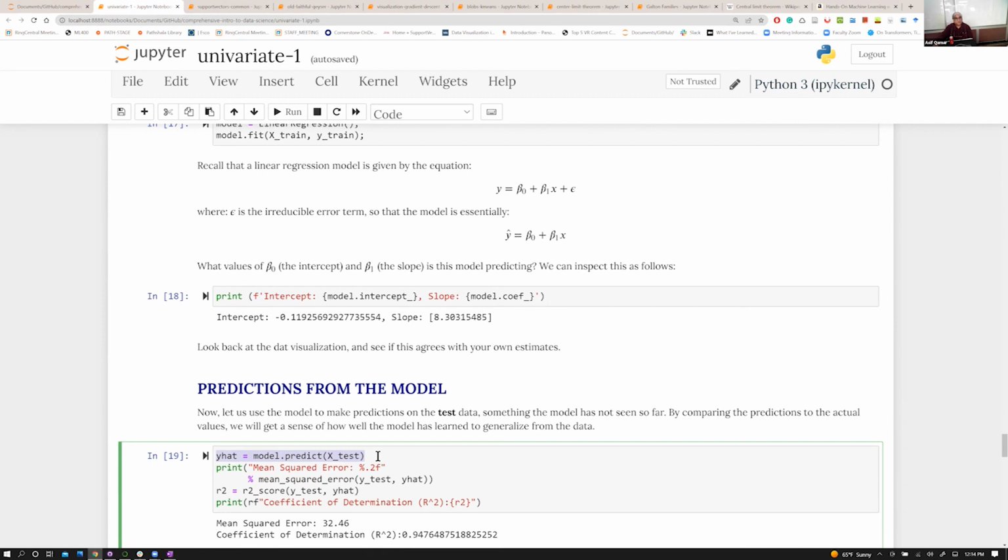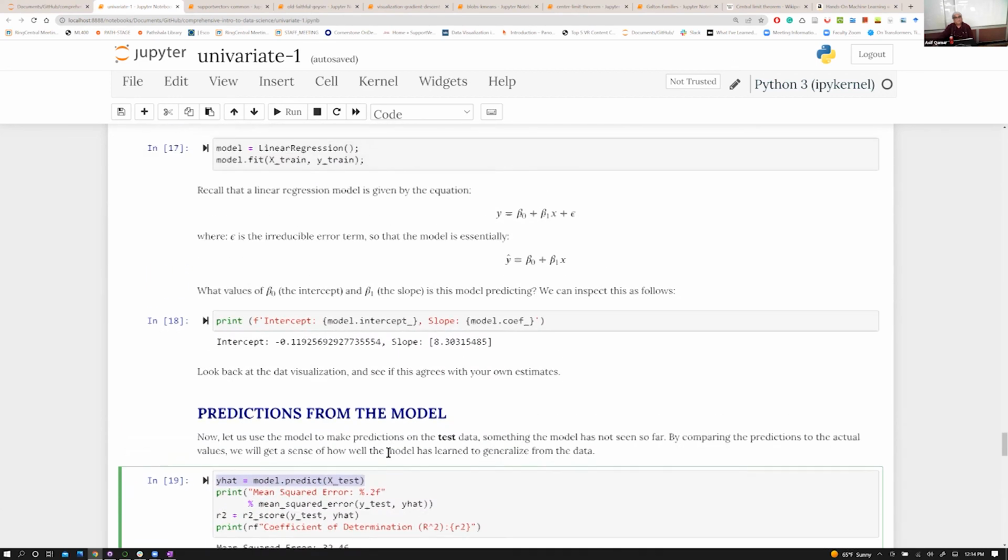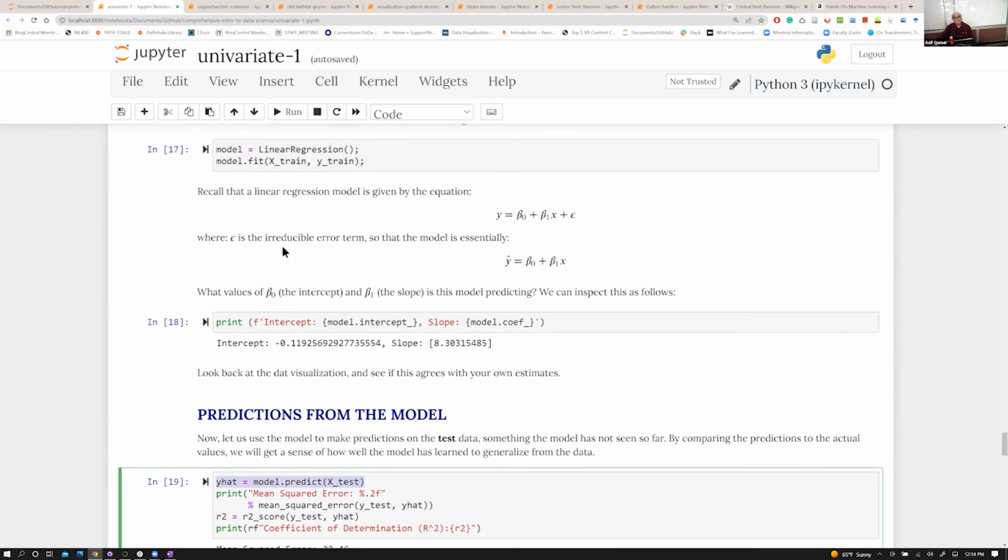So this part we will actually hand do next time, because I'll give you fill in the blank for another problem, and you will do it on your own. But for now, we'll release this notebook. It's called Univariate 1. Please go and familiarize yourself with this, or try to study this code.